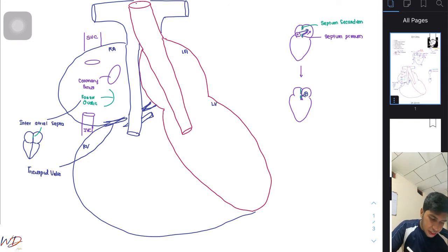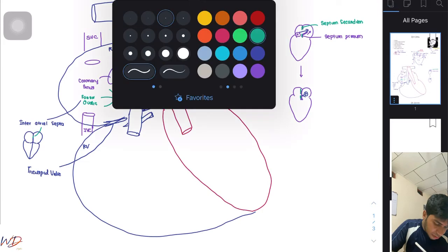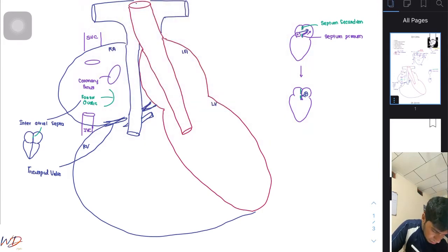So, during filling of the heart, that is during diastole of the heart, blood will enter into the right atrium, and then it will be too heavy for the valve to hold. So this valve will open downwards.